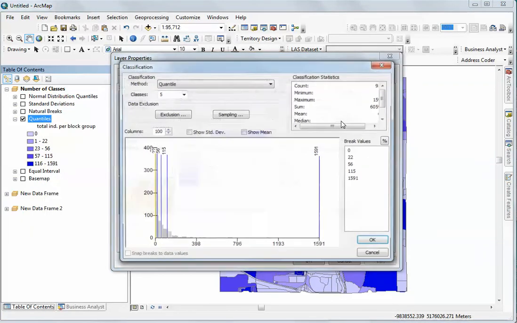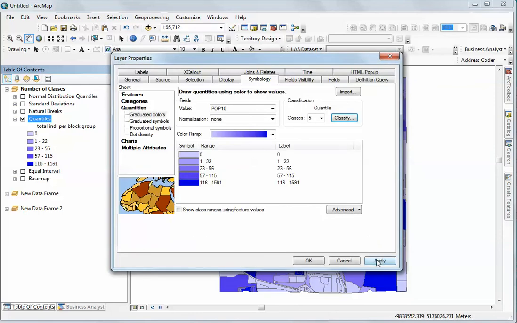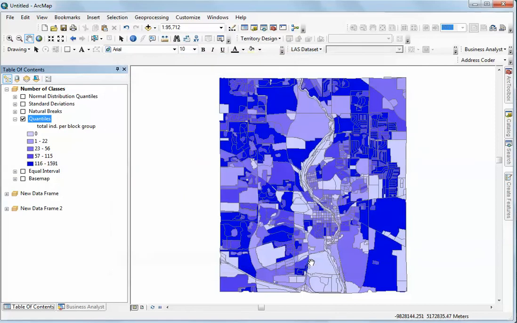What we see in terms of how the break occurs is that at the low end, right here, we have a number of classes right down at the bottom that really are essentially right on top of each other. But this last class is immensely wide. And again, we've lost a lot of our information there. And so that does have an impact on how we visualize the data. But again, the quantile method is very, very good if we need to break our space into equal units.